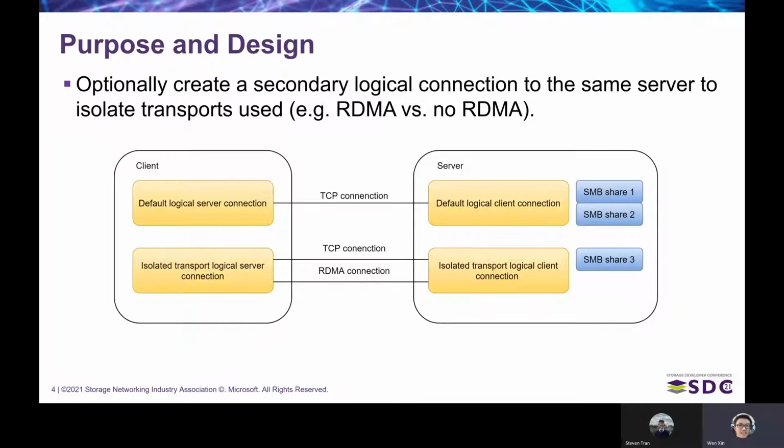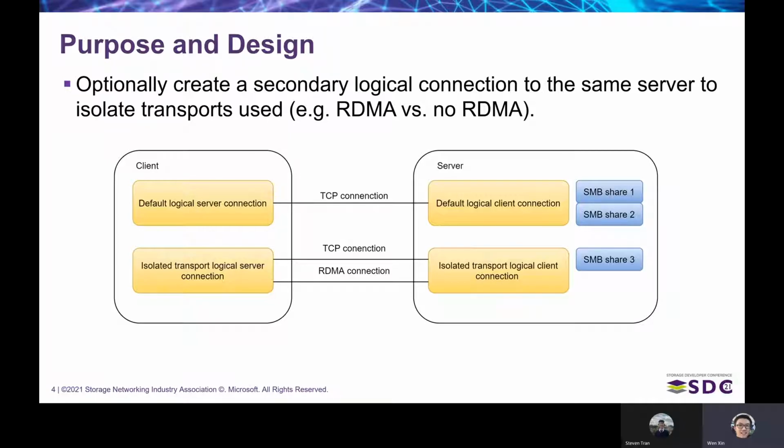But what if you have certain SMB shares that don't desire a certain subset of connection type? In this diagram, for example, if you have some shares that don't want to use RDMA for some reason, but you have some shares that do, with this feature you can have what's called an isolated transport logical connection.